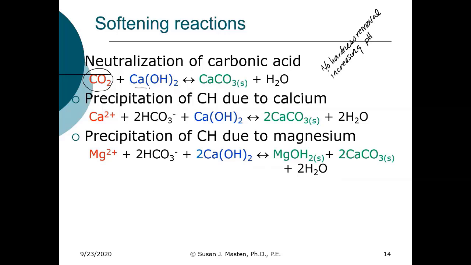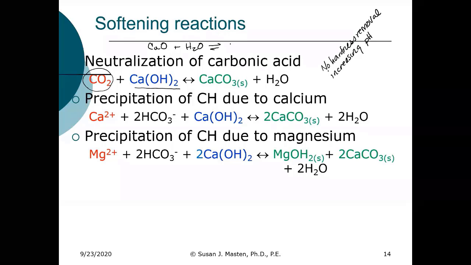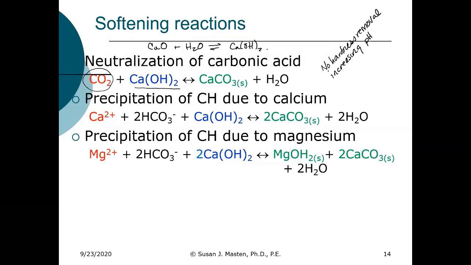So we add lime. This is actually shown as hydrated lime. What we typically add is quicklime, and that we hydrate at the plant, and that produces calcium hydroxide, or hydrated lime.